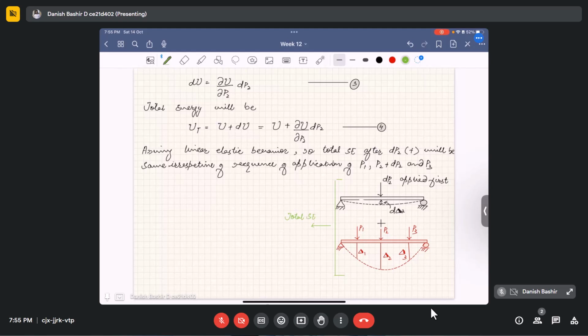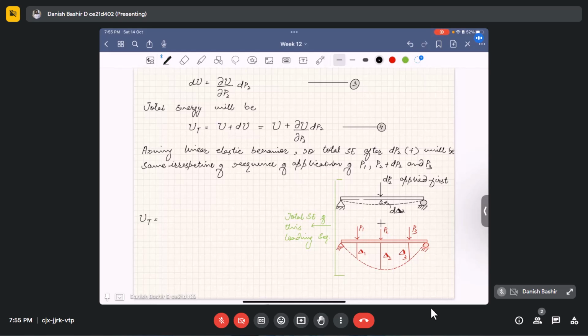UT will be, again, you have to calculate all the strain energy caused.